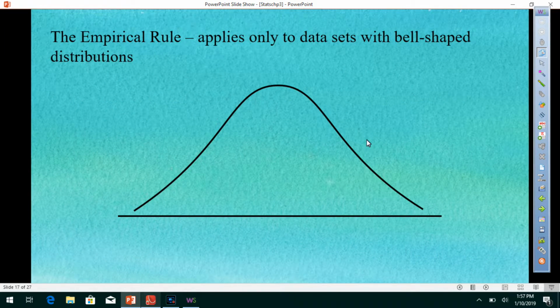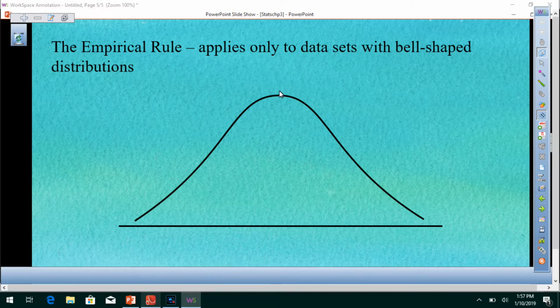The empirical rule. It's kind of in your calculator, but I'm going to draw it out, and you probably need to put it in your notes. You may have seen this in Algebra 2, but we're going to be a bit more precise here.